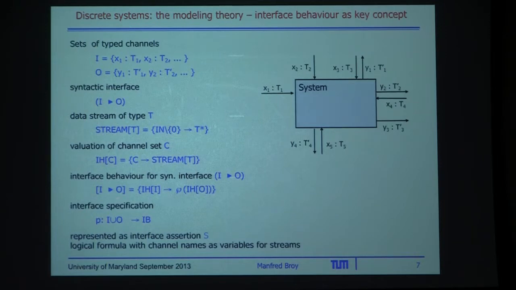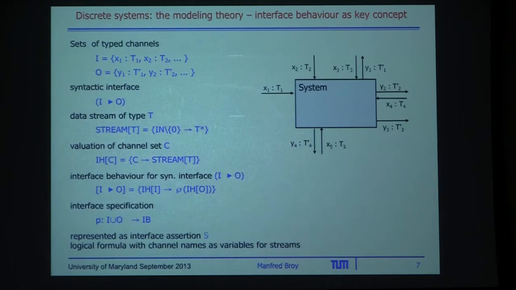If you want to talk about behaviors in interface specifications, I will show you more about that. This is simply done by a predicate that talks, in a logical formula, about the relationship between the input and the output channels. This is the basic model we are dealing with. There are a few more things to say about it, but we have worked with this model for many years.